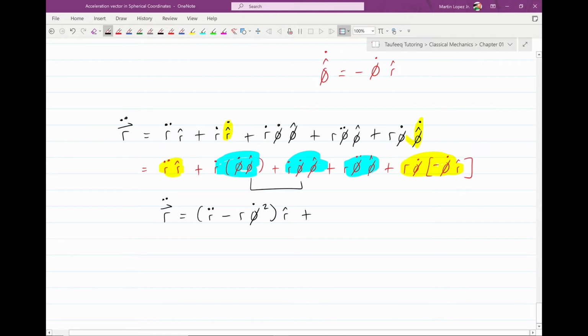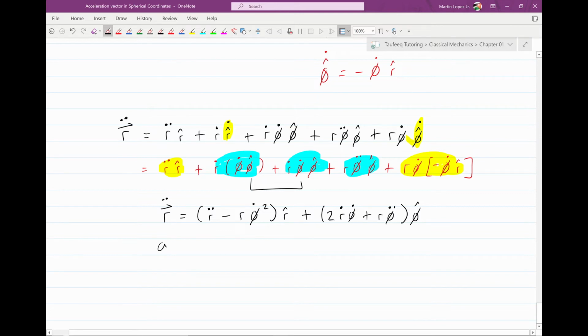So one thing plus another thing is two of that thing. So we just have 2 r dot phi dot plus r phi double dot phi hat.